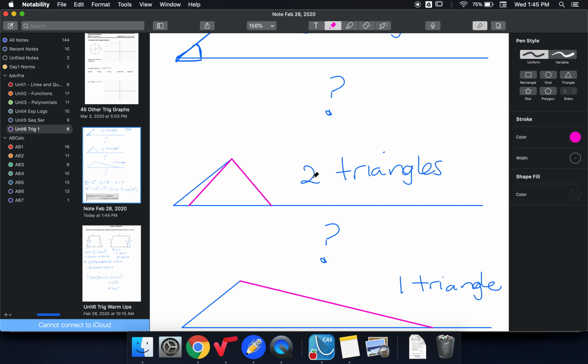So in this situation, we end up with 2 triangles. The triangles I care about, though, are this smaller one here. So I care about this one. But then I also care about the one that's created with this side and this other pink side.